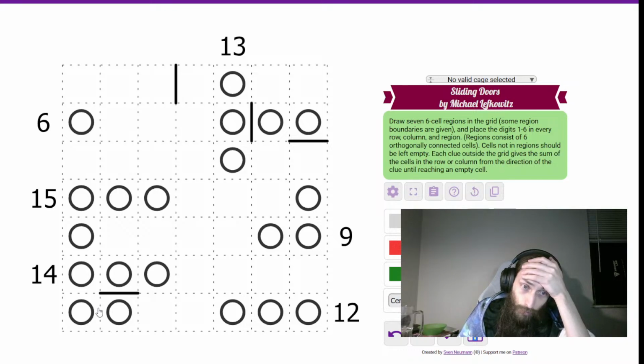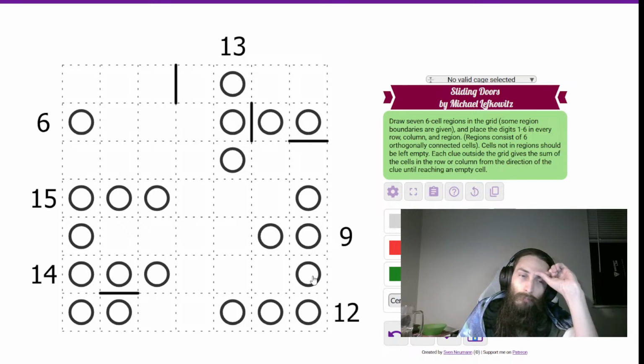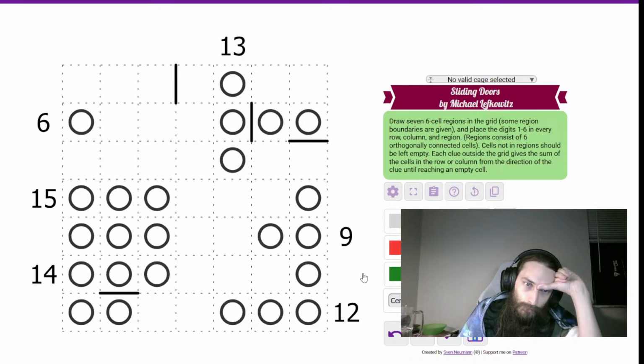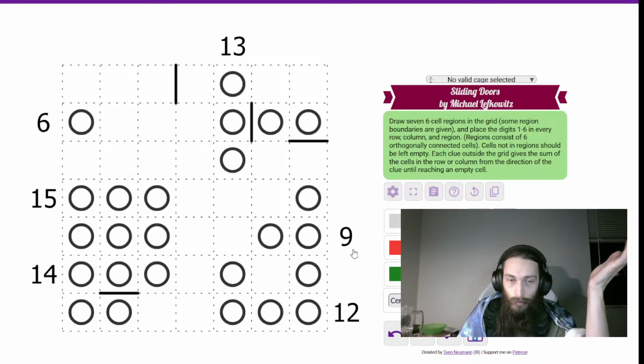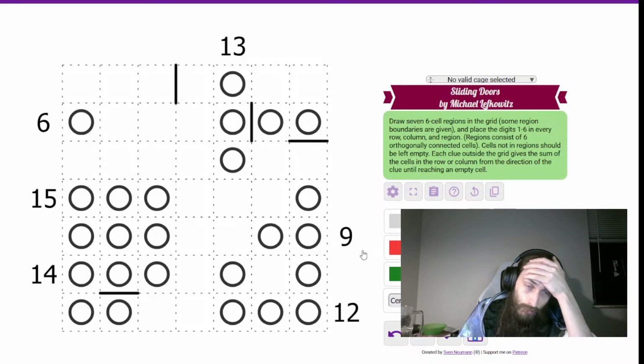So we have to have 2 filled over here. Opposite side of the 14. And on the opposite side of the 9, I have to have at least 3. The opposite of 13 is... 8. Well, it's not 6. You said 8?